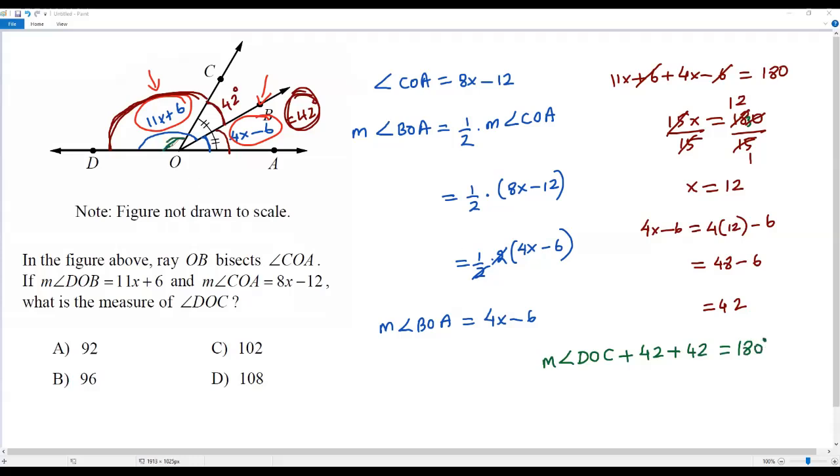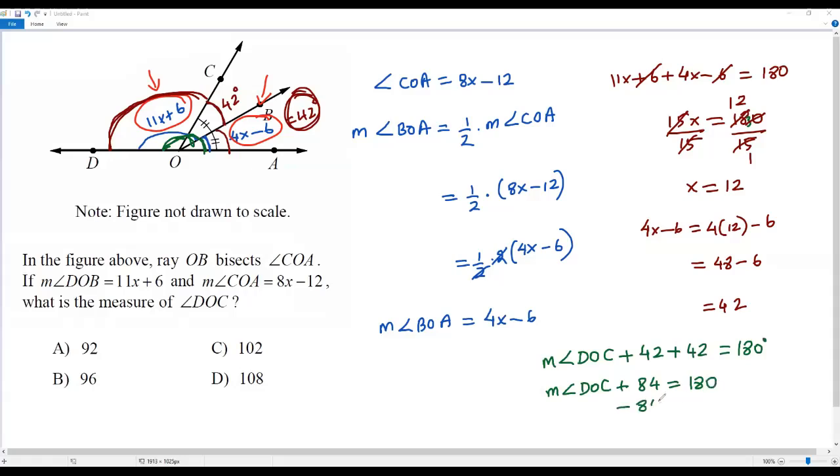So the measure of angle DOC + 42 + 42, which becomes 84, equals 180.